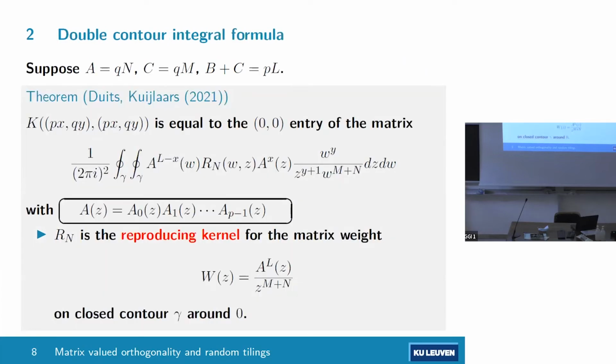So with Maurice Duits, we have a formula for the correlation kernel in a periodic setting. The main importance is the periodicity in the vertical direction, but I'm stating it for the particular case when there's also periodicity in the horizontal direction.